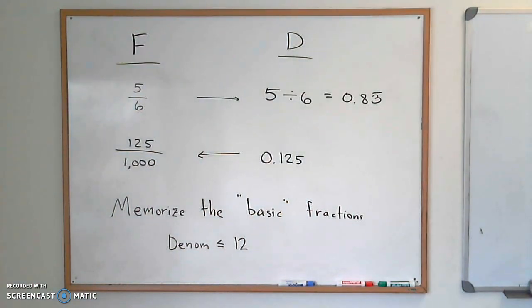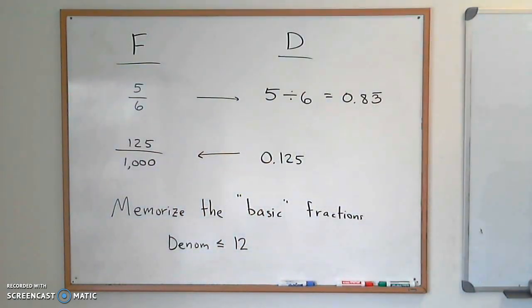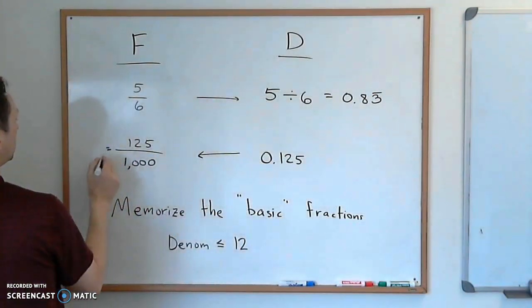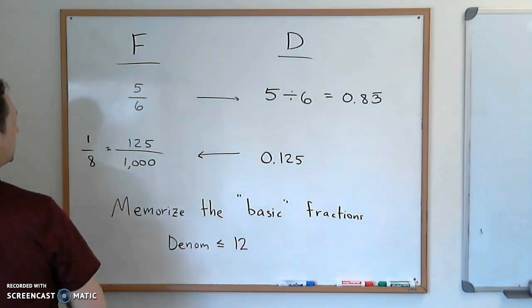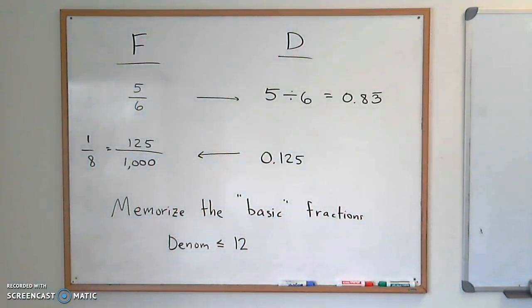And then we should be able to reduce that. Since in a decimal, the denominator is always a power of 10, which only has 2's and 5's in it, if you're going to reduce this, you'll have to do it by dividing by 2's and/or 5's. In this case, it turns out that you can divide each number by 125, which is just a bunch of 5's, and it reduces all the way down to 1/8.